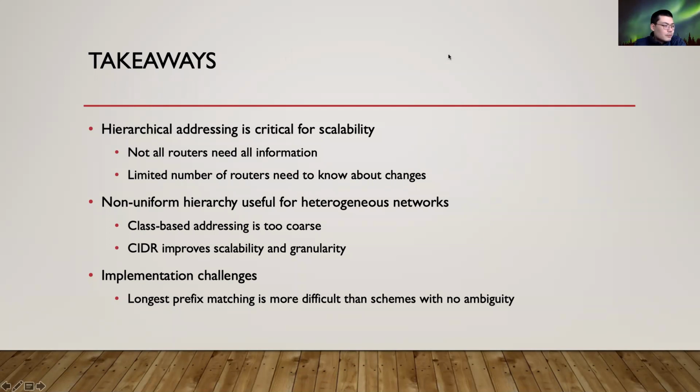So here are the takeaway messages. Hierarchical addressing is critical for scalability. The continuous segment can have just one entry instead of one entry for every host there. And not all routers need all information. Maybe the backbone router needs more information.